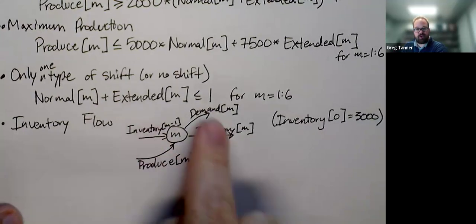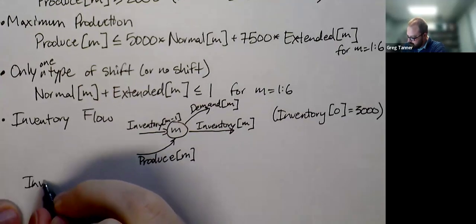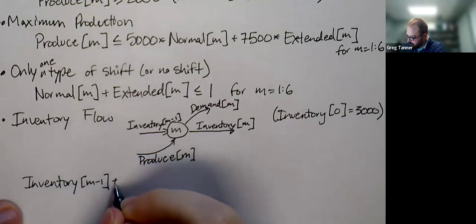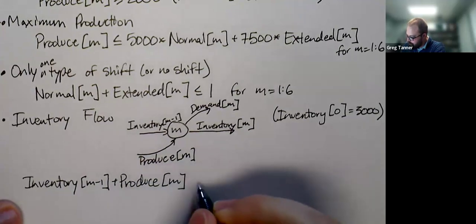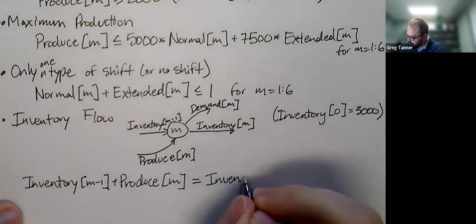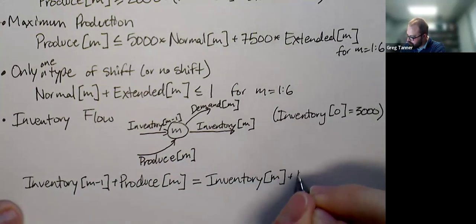Anytime you have something that looks like a flow diagram with the same picture at each of those nodes, you can write a flow equation where the inflow equals the outflow. The inflow is inventory M-1 plus produce M, which equals inventory in the next month plus the demand.